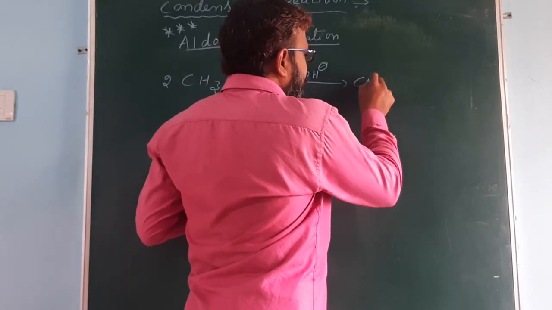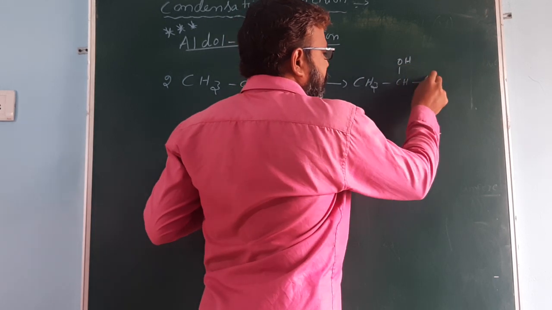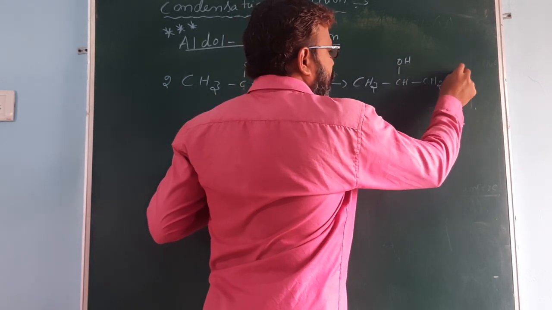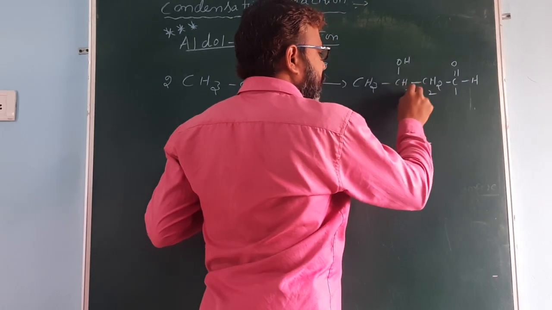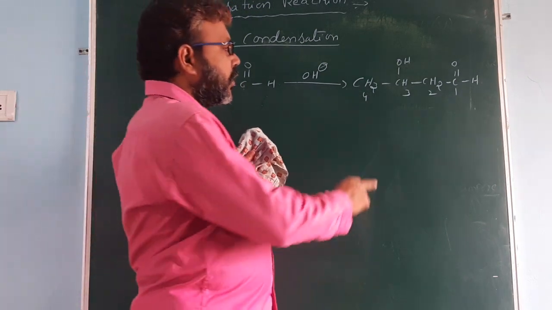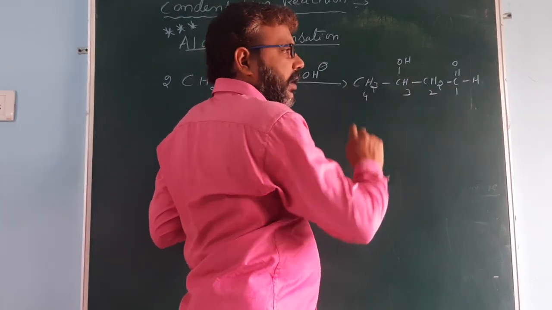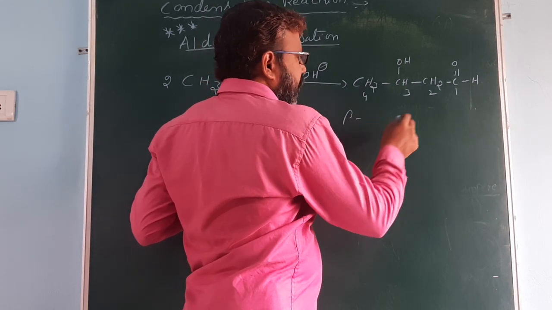to give CH3CHOHCH2C=OH. Counting carbons, 1, 2, 3, 4. It is a hydroxy substituted aldehyde. This is the alpha carbon and this is the beta carbon, so it is called beta hydroxy.